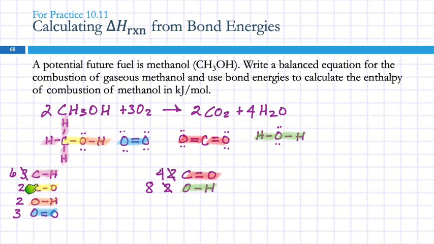So 1 mole of carbon-hydrogen bonds is going to take 414 kilojoules per mole. And I'm multiplying by 6 moles. The carbon-oxygen is 360.